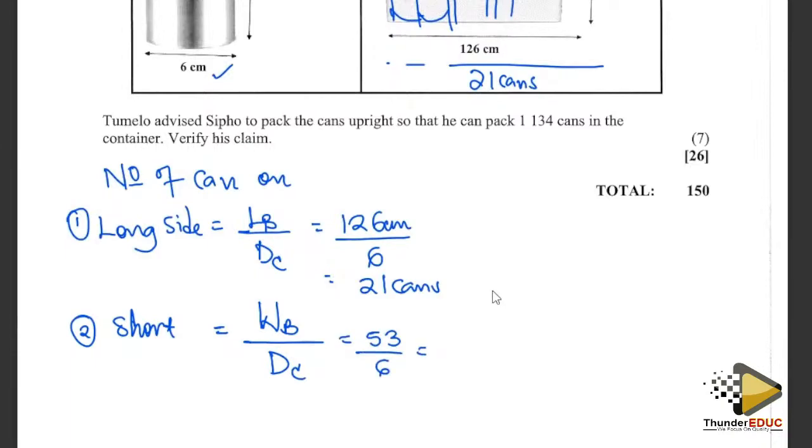We have 8,83. Now, this simply means that even though it's 8 point something, when we round, because these are cans, you can't have half a can. You understand? So you're supposed to have a whole number. This simply means 8 fit exactly, but should you try to force in the 9th one, it won't fit. So we have 8 cans on the short side.